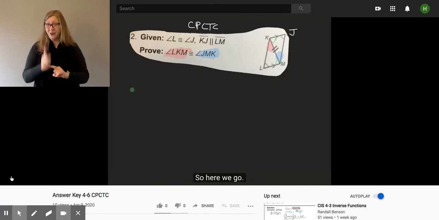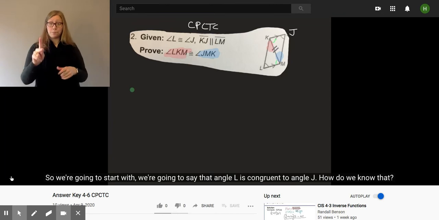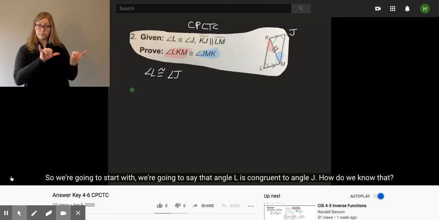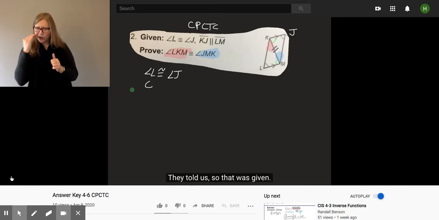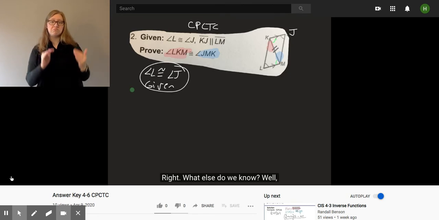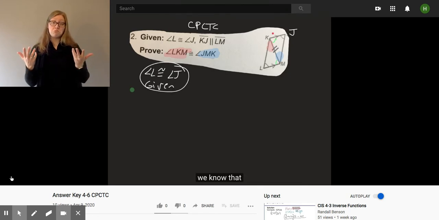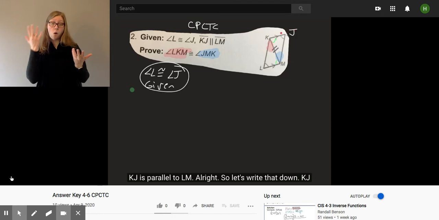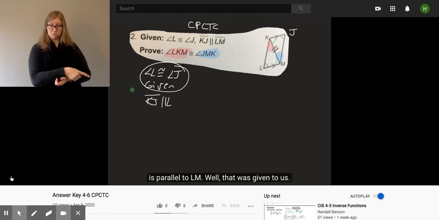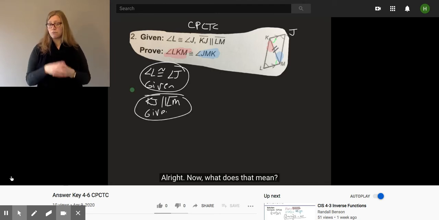So here we go. We're going to start by saying that angle L is congruent to angle J. How do we know that? They told us. That was given. What else do we know? Well, we know that KJ is parallel to LM. Let's write that down: KJ is parallel to LM. That was given to us, right? Now, what does that mean?